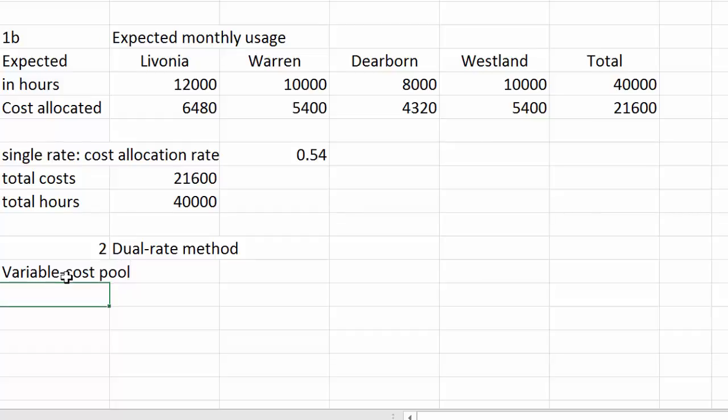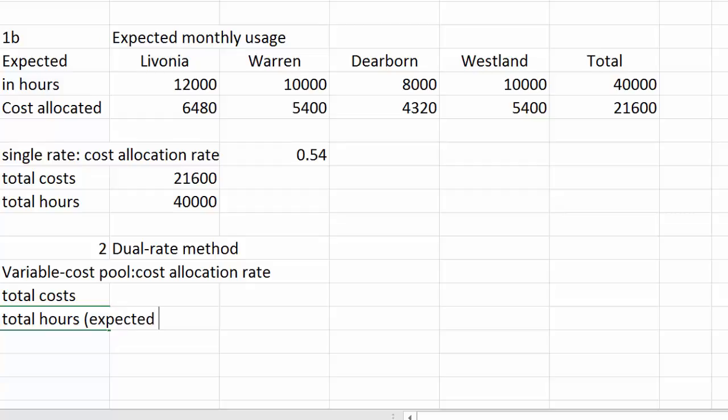Therefore, we are looking for the cost allocation rate. So we have total cost, we have the total hours, and I'm pretty sure for variable cost we are focusing on expected usage. So that's very important.